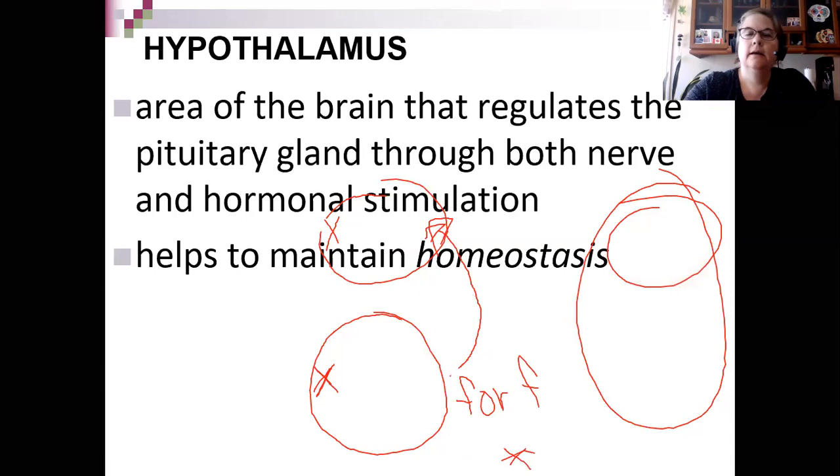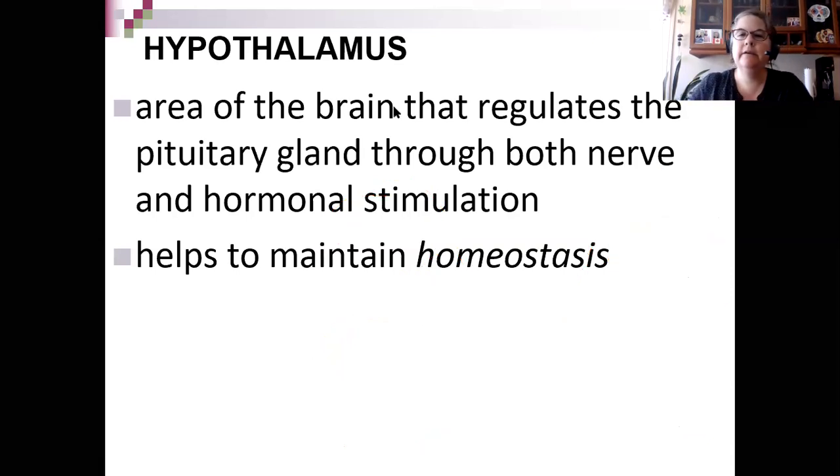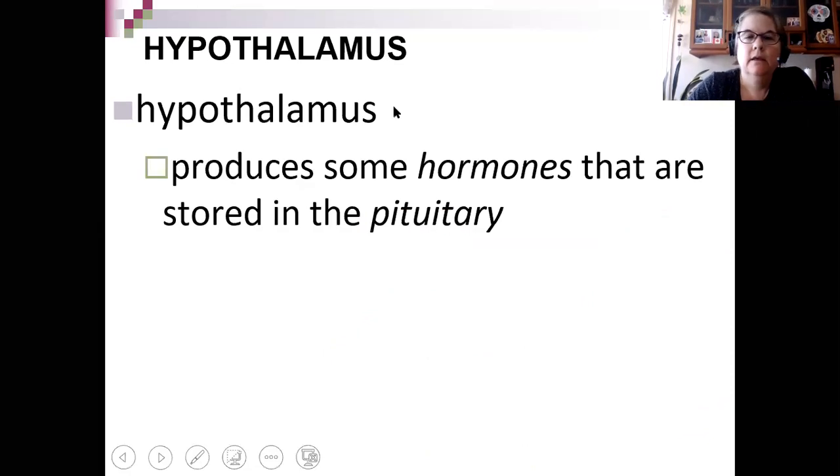Hypothalamus. All right, so hypothalamus, area of the brain that regulates the pituitary gland through nerve and hormonal stimulation, helps to maintain homeostasis. Okay, so we talked about that already. It produces some hormones that are stored in the pituitary, and we'll talk about two of those.